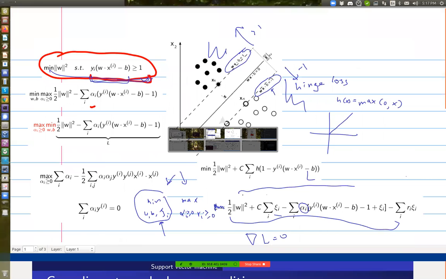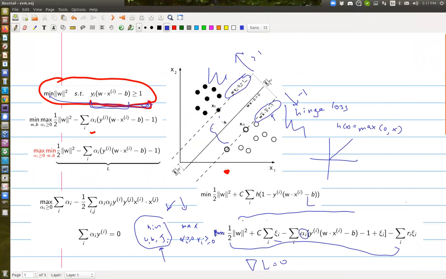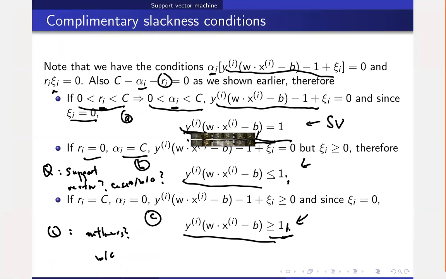The outliers are the ones here, within this region. Or actually it can be even one point getting to the other side here. That would be the case that is less than 1. So therefore the outliers are case B.